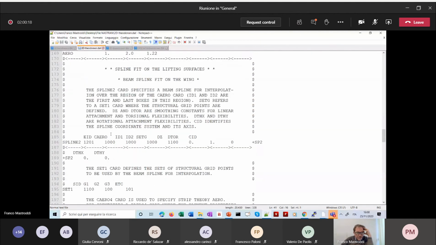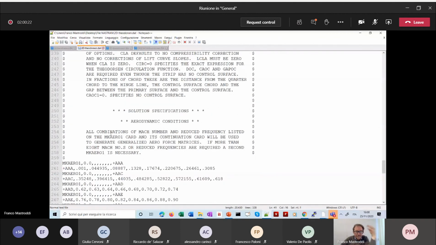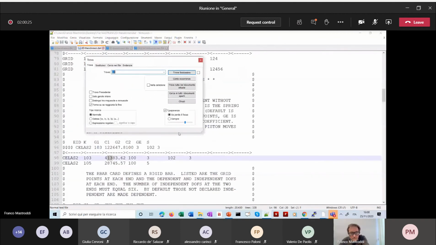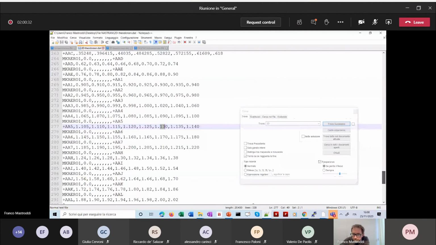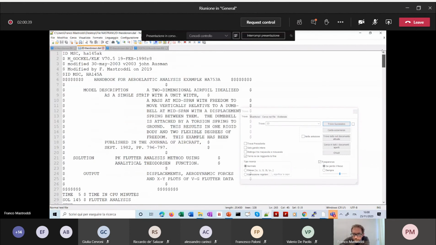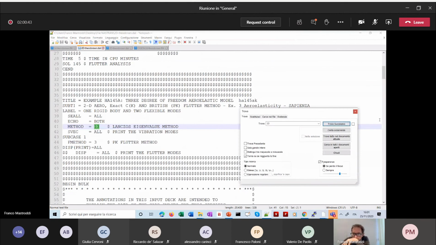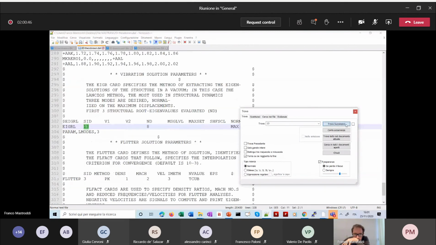let me find 13. Method 13. EIGRL. So this is the card indicating that you are using the numerical eigenvalue approach for determining your structural frequency, which is the Lanczos method.